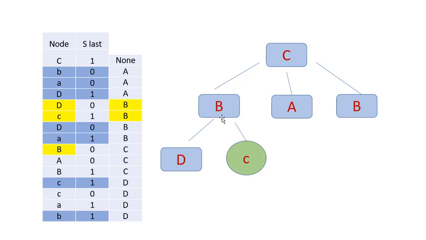The next thing we would like to do is to expand this B node. But there are two B nodes here. How do we know which one is the first B? As we can see, the parent node of this B node is C, and this should be the first B of this column.